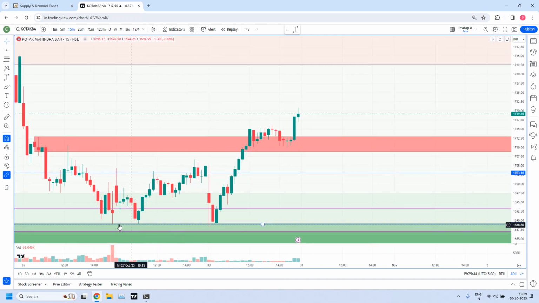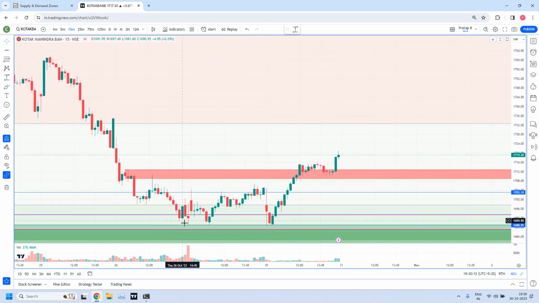See here, the second time it moved a little below, just about 50 paisa below, and today maybe another 1 rupee below the previous one. How is it possible? Only when there is such strong order flow in this area can we expect such a push. So in such scenarios, looking for a fresh zone is meaningless.